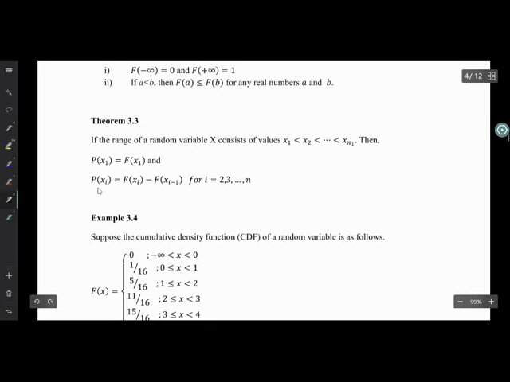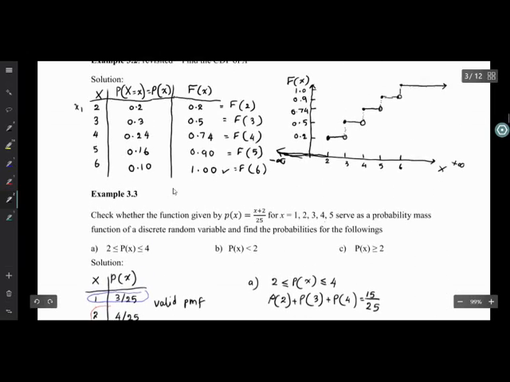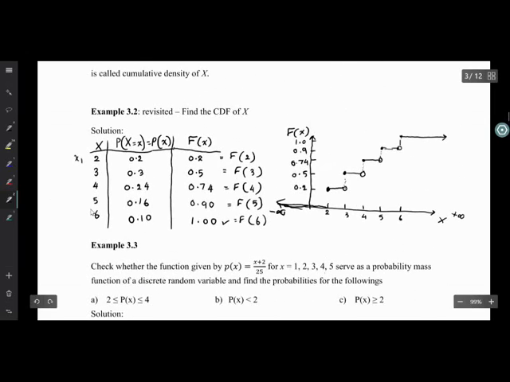And then if you want to calculate P(xi), that will be the CDF at xi subtract the CDF at the one above it, that is i minus 1. For example, if you need P5, you can find it by capital F at 5 subtracting capital F at the one above it, which is 4.